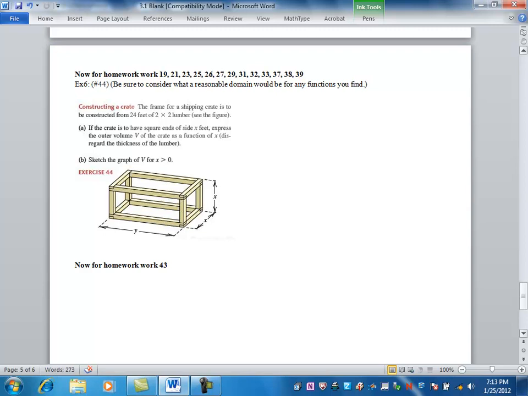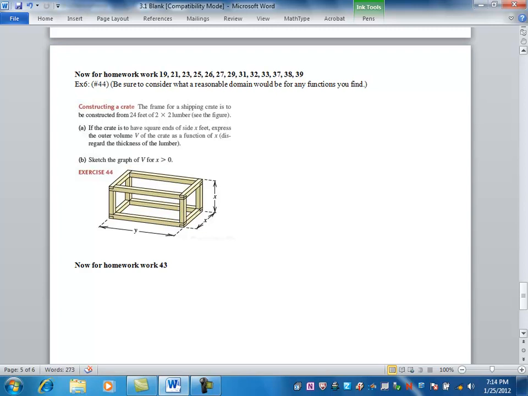Well, we got a frame for a shipping crate. It's to be constructed from 24 feet of 2x2 lumber. If the crate is to have square ends of side x feet, express the outer volume of the crate as a function of x, which is they want us to disregard the thickness of the lumber. Well, so let's see what's going on here.